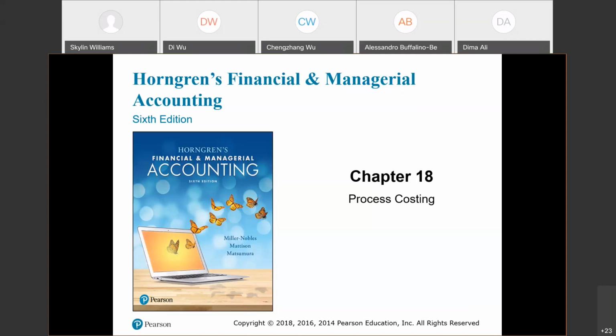The company uses a job order costing system to determine the cost of its custom goods and services. Job order costing is appropriate for companies that manufacture batches of unique products or provide specialized services.